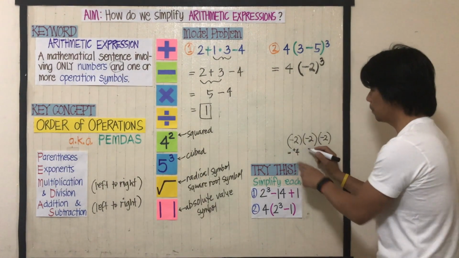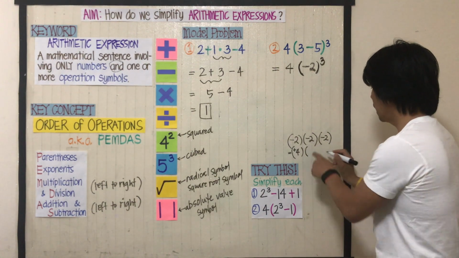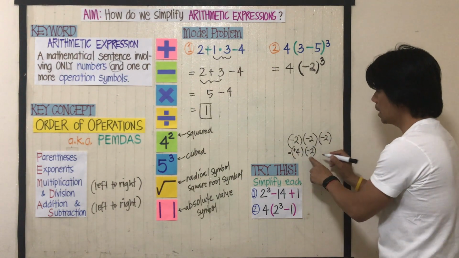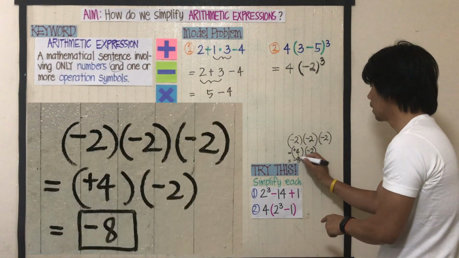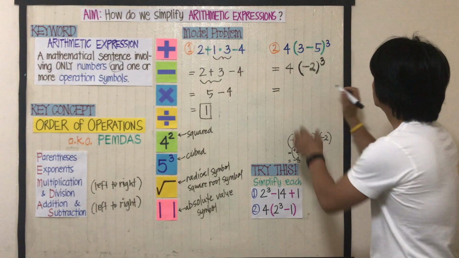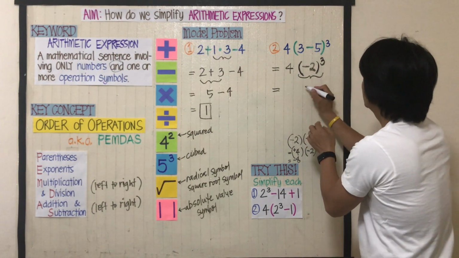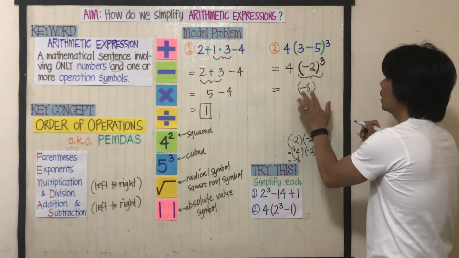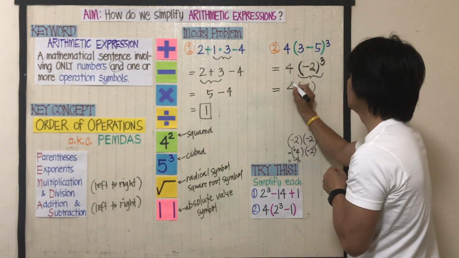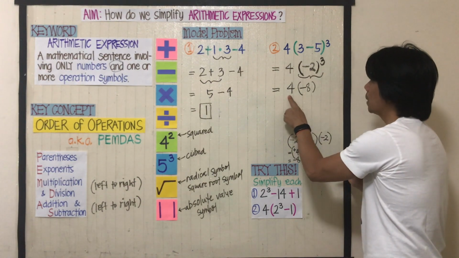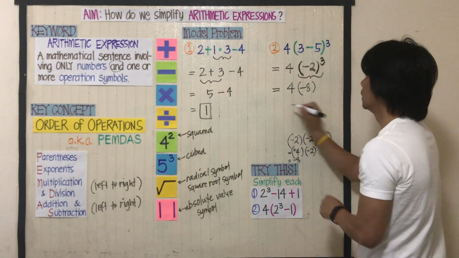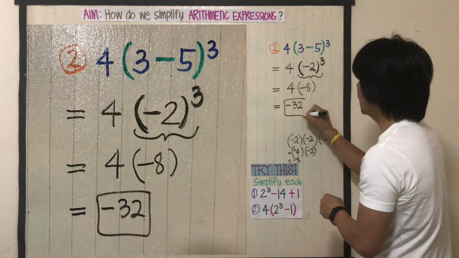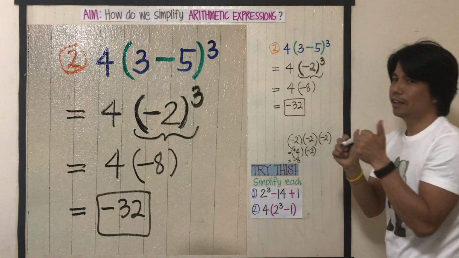Then I'll multiply by -2. +4 times -2 is -8. So the answer to this is -8. Again, I'm going to put the parentheses around -8 to signify multiplication. So 4 times -8 gives us -32. If you got this answer correctly, then you're good.